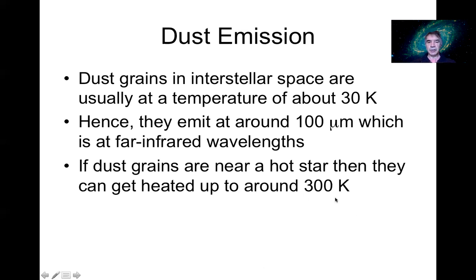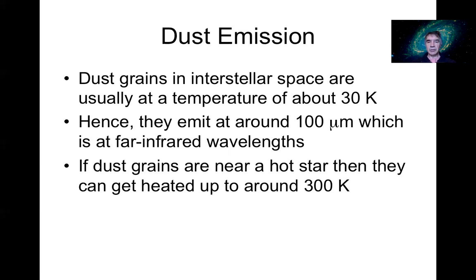So if you bring dust grains near to a hot luminous star, then they can get heated up to 300 Kelvin or so. Obviously you can keep bringing them nearer and nearer, and they'll get hotter and hotter. You can get them up to about 1,000 Kelvin, but after that they literally turn into vapor, what's called sublimation. So you destroy the dust grains if you get them hotter than about 1,000 Kelvin.